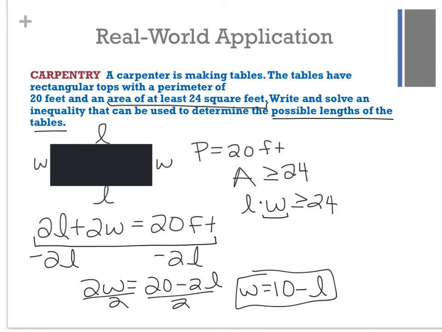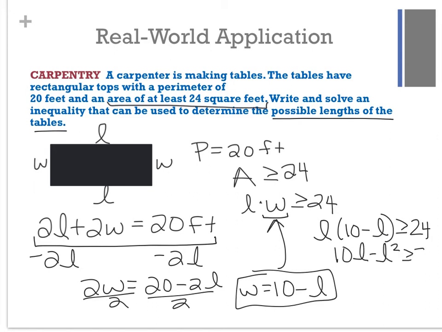And so what I'm going to do is substitute 10 minus L into that area equation and rewrite it as L times 10 minus L greater than or equal to 24. Or I get 10L minus L squared is greater than or equal to 24 if I distribute.